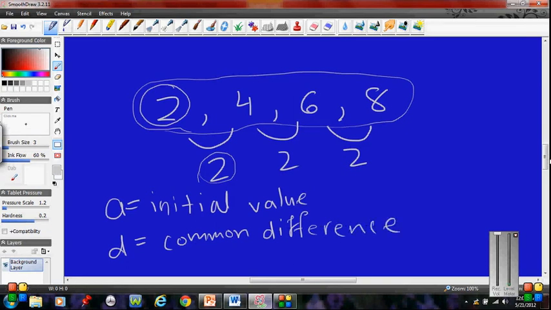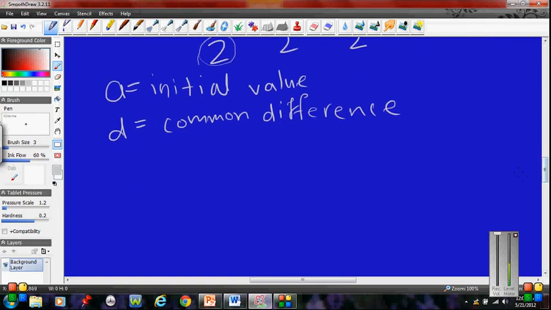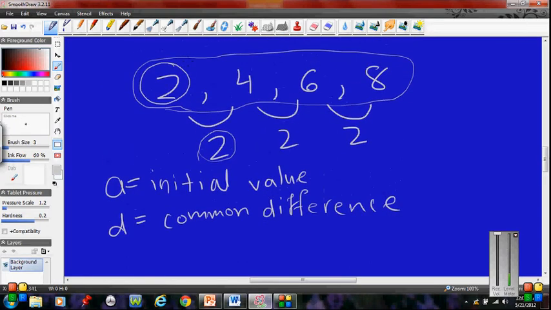Let's get a little more room so we can work on this. And now, having these, we can derive a formula. Let's look at how we get from 2 to 4. We know that it goes from 2 to 4 if you add 2. So a plus 2 is equal to, let's say, tn2.